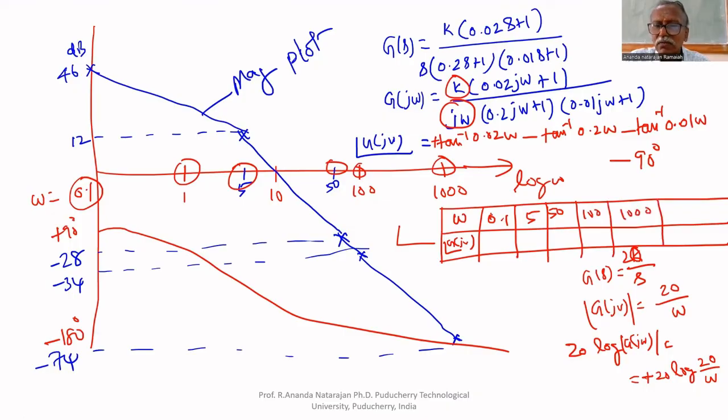I forgot that. So omega equal to 0.1, 1, 5, 50, 100, 1000. You substitute and find the angles. Then you can draw the phase plot.